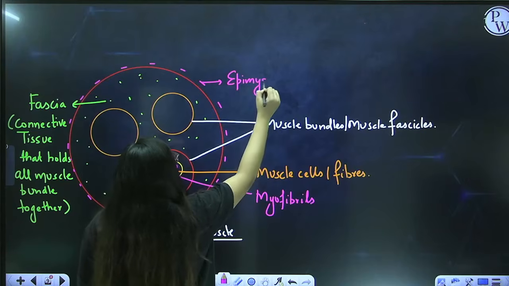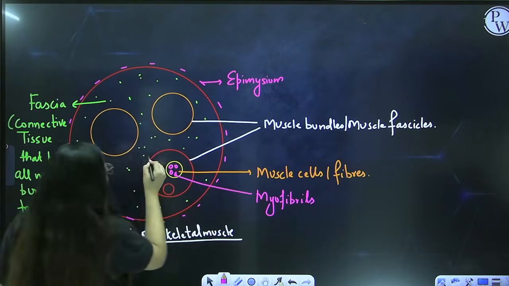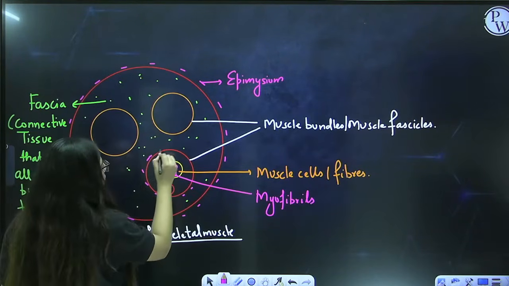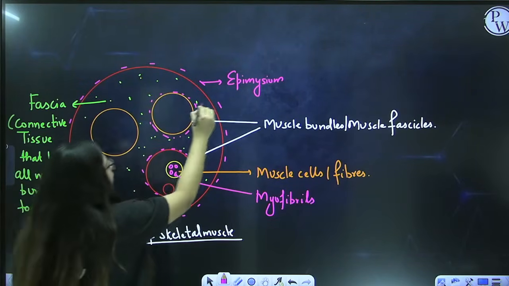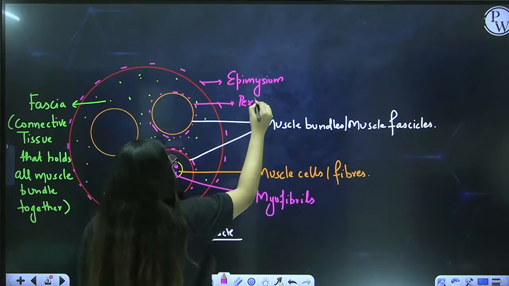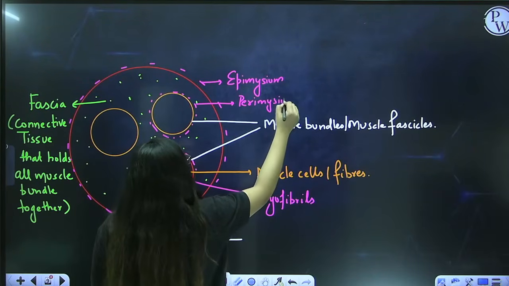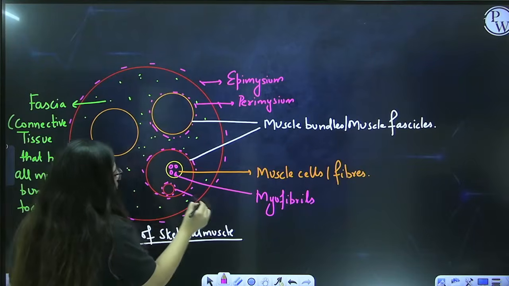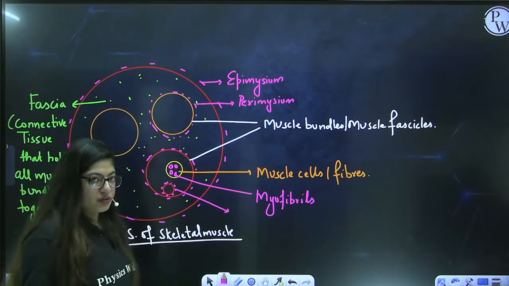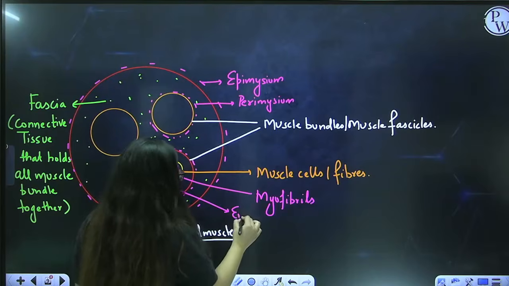Epimysium. Okay. Around muscle bundles, also there is one connective tissue present which is surrounding these muscle bundles like that. This is perimysium. Whereas around these muscle cells are also present some collagenous connective tissue, and that is endomysium.